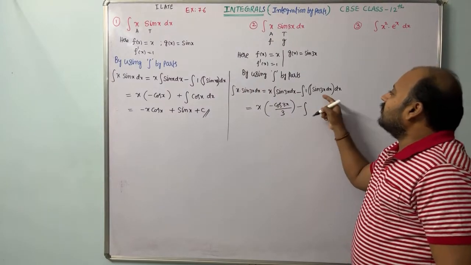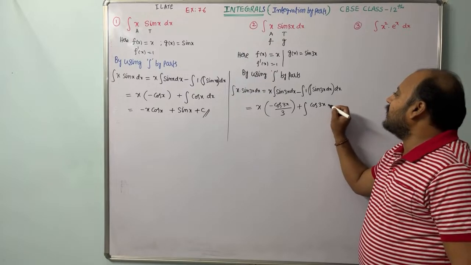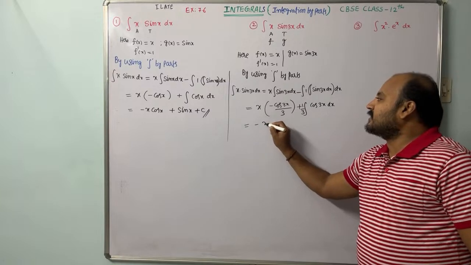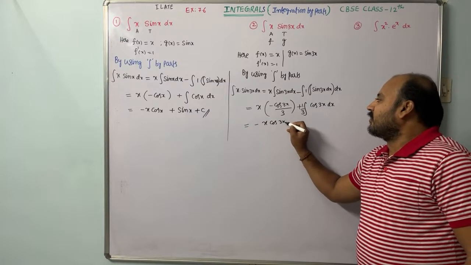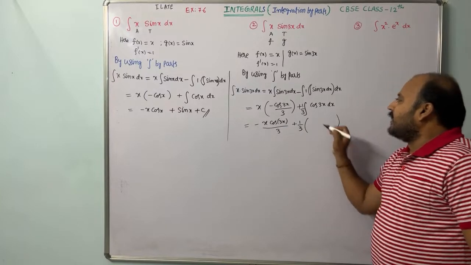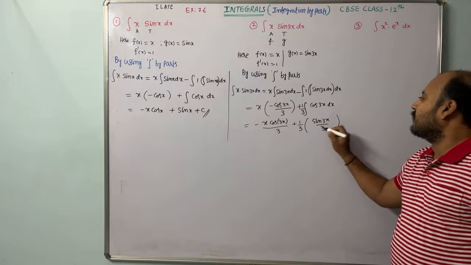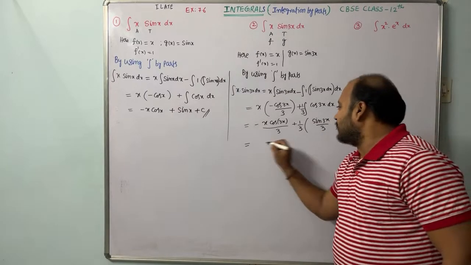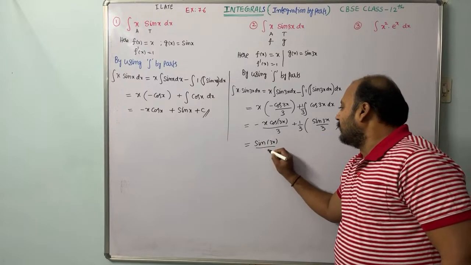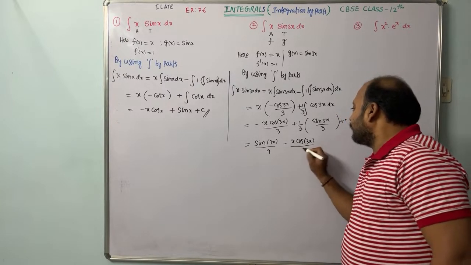Minus integral of minus cos 3x divided by 3, again minus, so plus will come. Here 1 by 3 I am taking out, which is equal to minus x cos 3x divided by 3 plus 1 by 3 into integral cos 3x dx, which is sin 3x divided by 3 plus c. So we can simplify, first writing the positive value: sin 3x divided by 9 minus x cos 3x divided by 3 plus c.